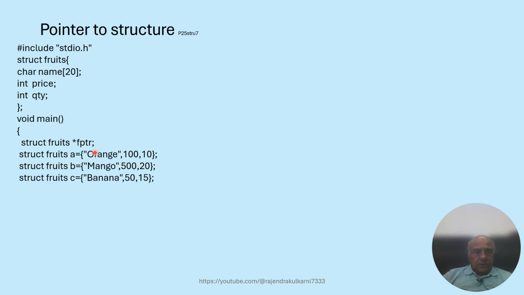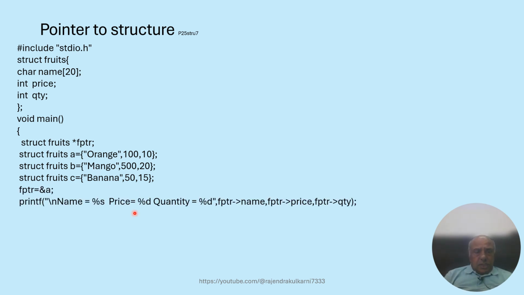Then we have initialized 3 variables of structure fruits named A, B and C and assigned with values orange 110 for A, mango for B, banana for C, and then we are assigning to this pointer FPTR the address of variable A of type struct fruits.